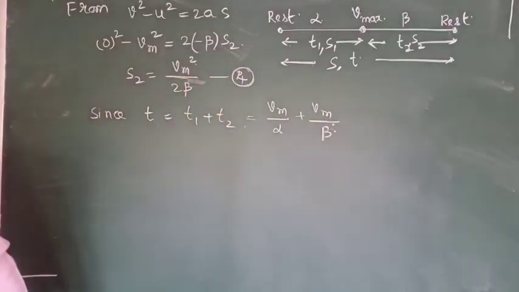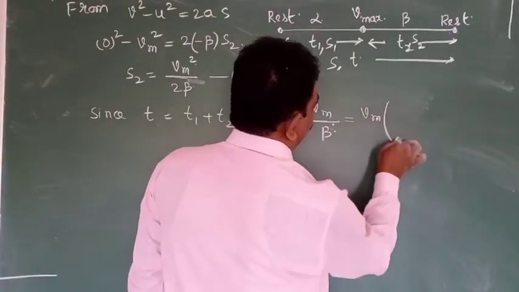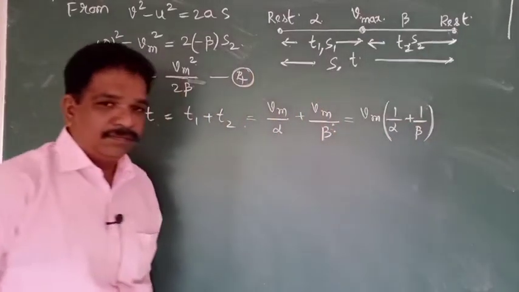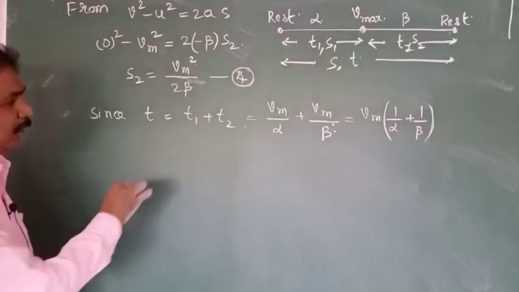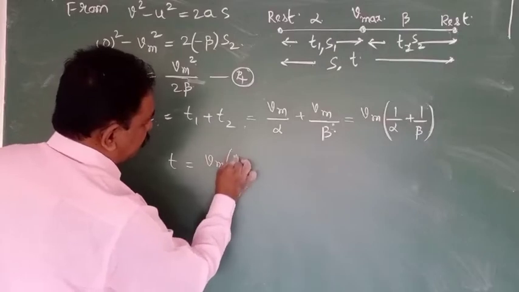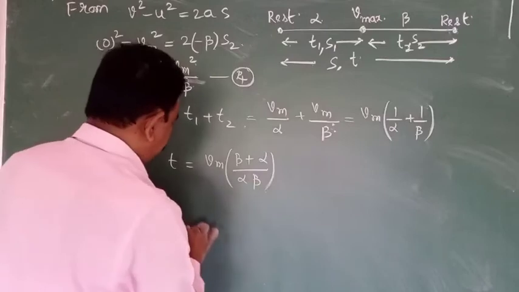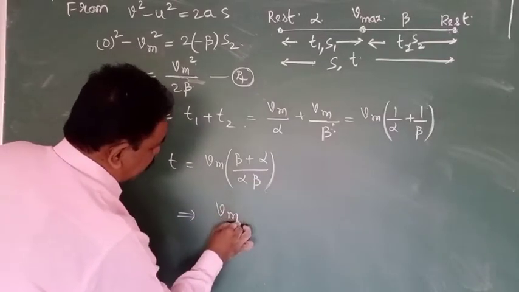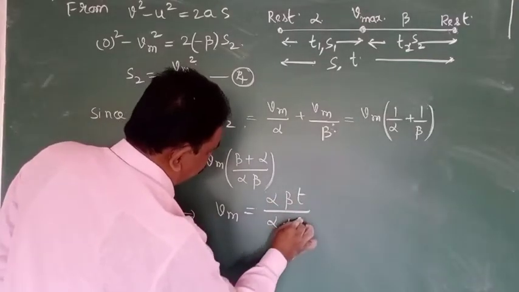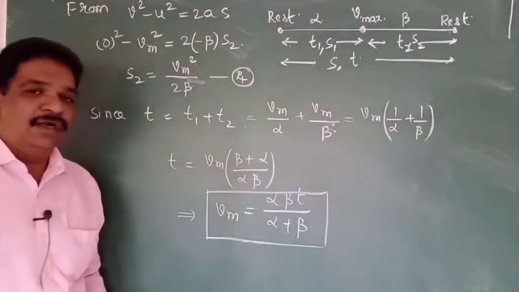Take Vm as common. Then Vm into 1 by alpha plus 1 by beta. Clear? Then T is equal to Vm into beta plus alpha by alpha beta. From this we got Vm is equal to alpha beta T by alpha plus beta. In this way we got the answer.